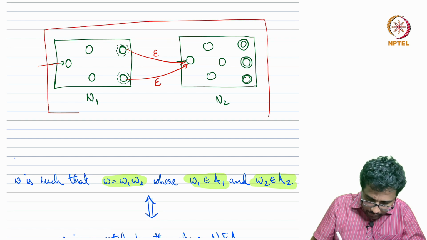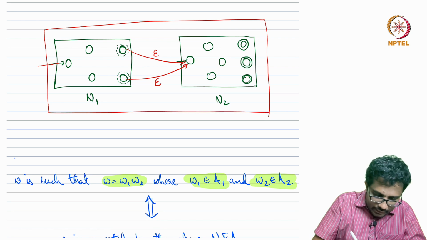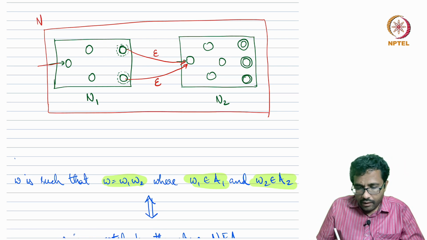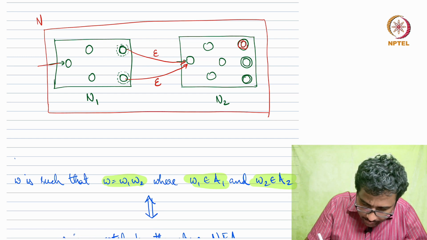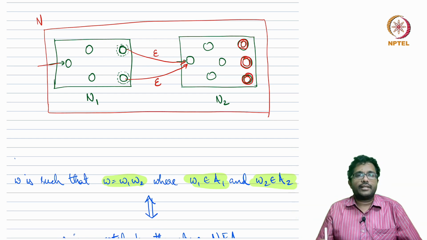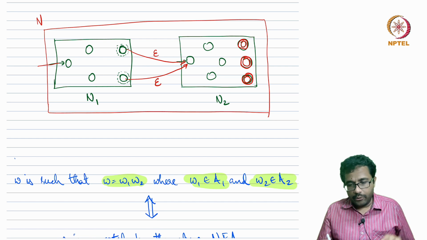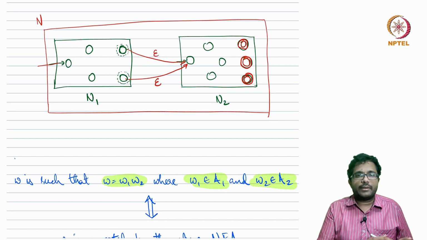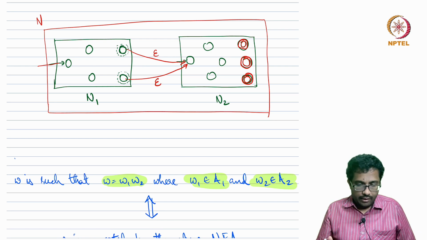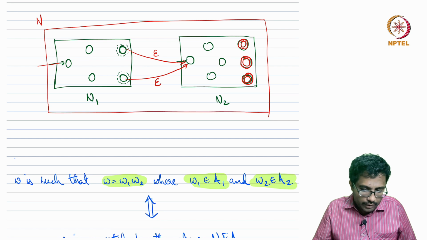So this is our combined machine, and let's call it N. The accept states of N would be just the accept states of N2. So these three will be the accept states of N. If you see what is happening, if there is any way to split the string into W1, W2, such that W1 is accepted by N1 and W2 is accepted by N2, then we can accept.